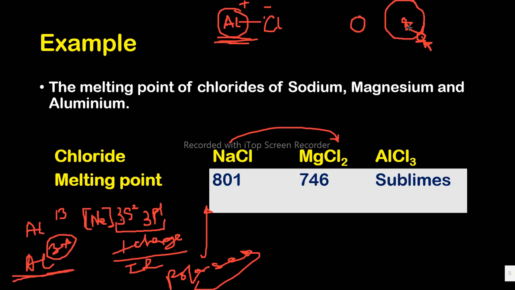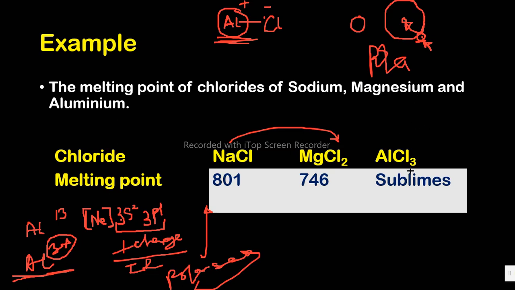That attraction by a metal ion to these electrons is what we call polarization. So this ionic bond is going to be highly polarized. When you polarize an ionic bond, it changes from purely ionic to more of a covalent bond.